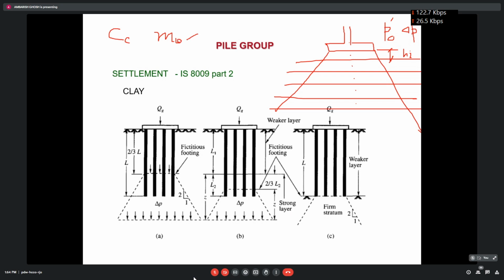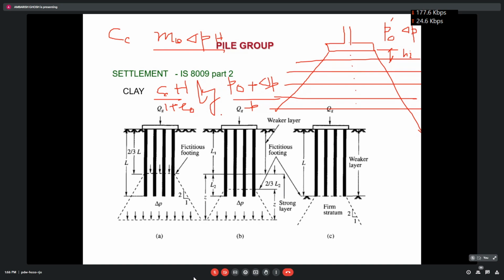One formula is mv into delta P into H. Another one is Cc by 1 plus e naught into log of P naught plus delta P divided by P naught into H. This is one formula and this is another formula for calculation of settlement.